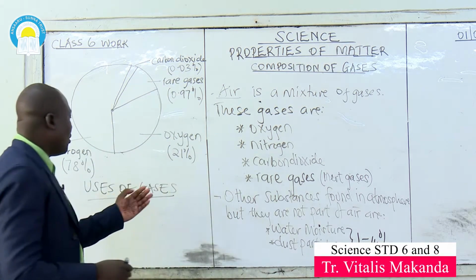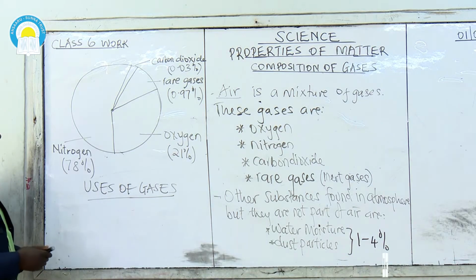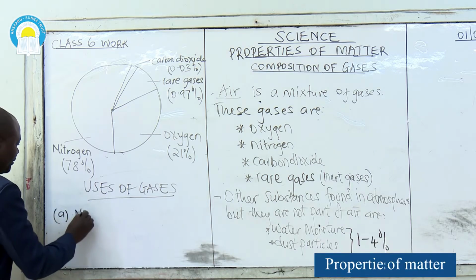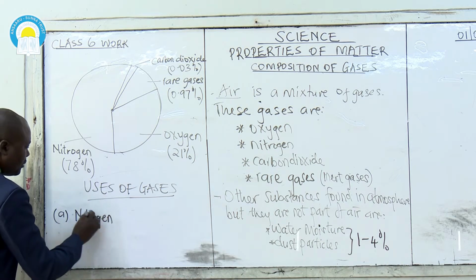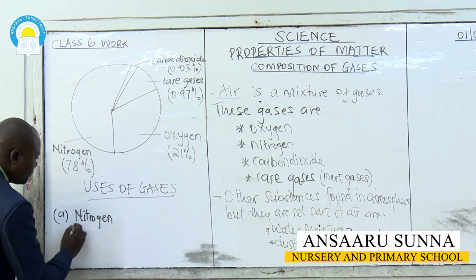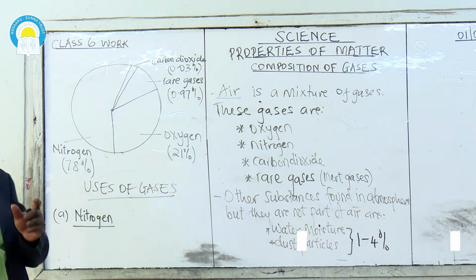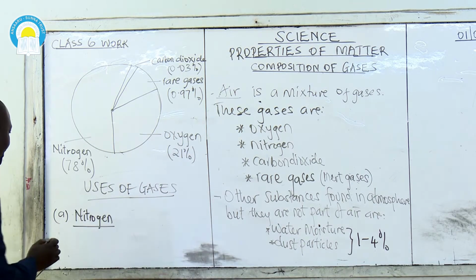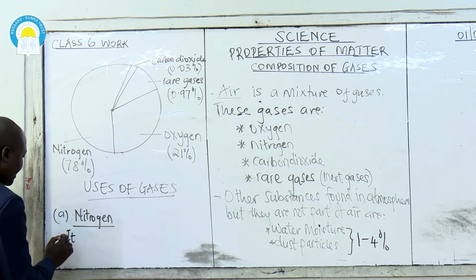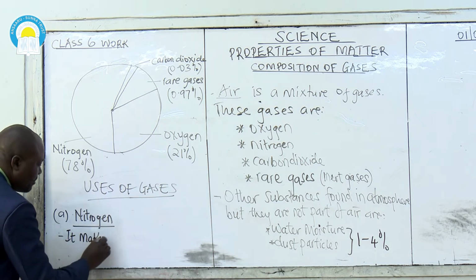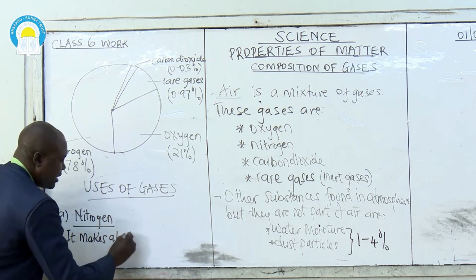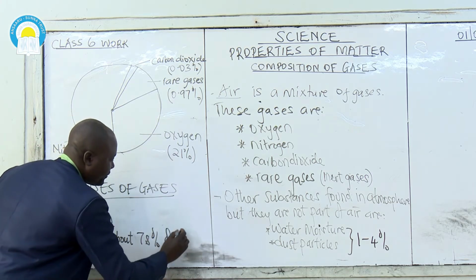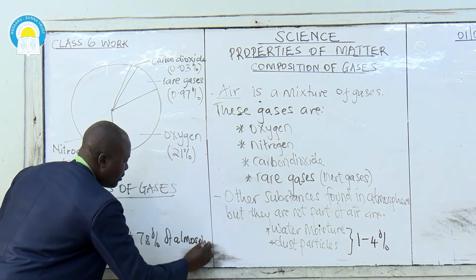Now, uses of gases. Let us start with nitrogen gas. First of all, you need to know nitrogen makes up 78% of the atmosphere, or the whole air.